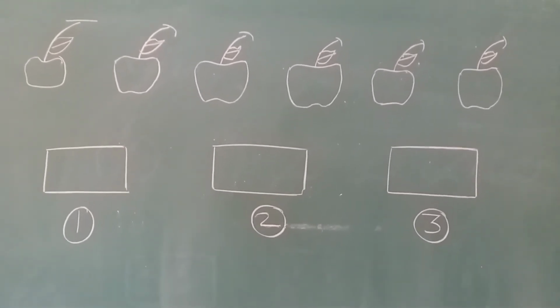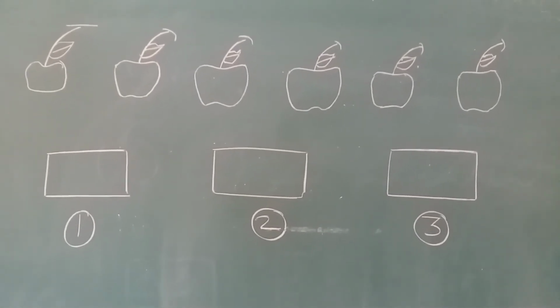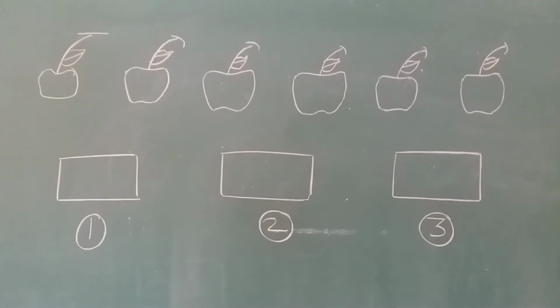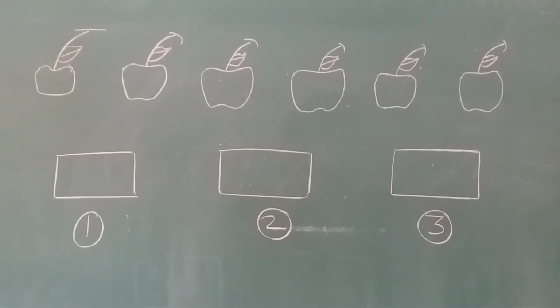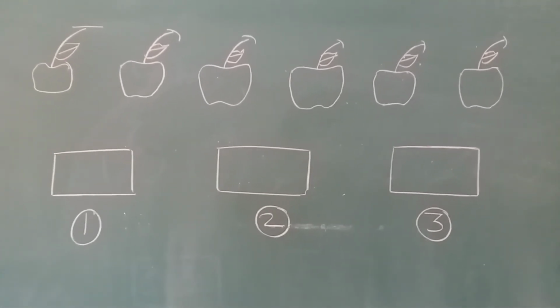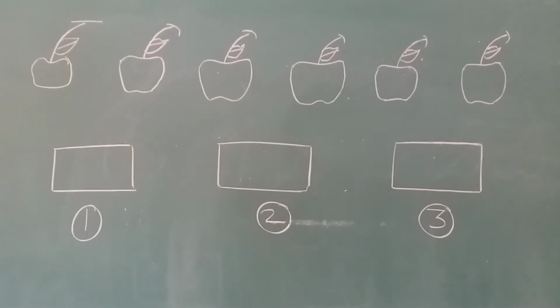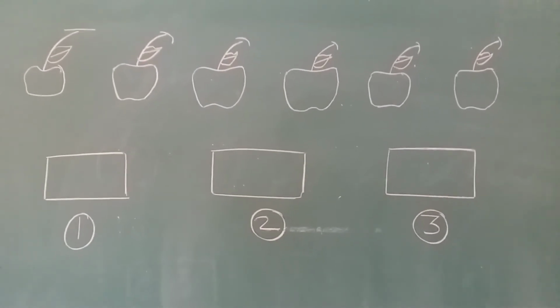Now we have to divide these 6 apples in 3 equal groups. So how we are going to divide? Again we are going to divide by giving 1 apple to each group. Okay, so let's start.